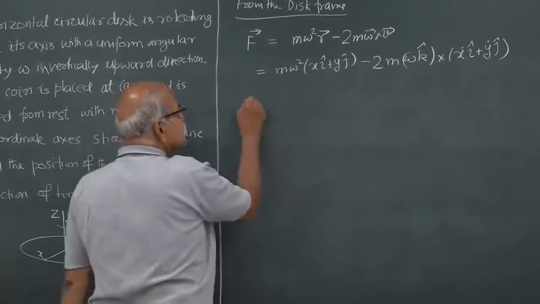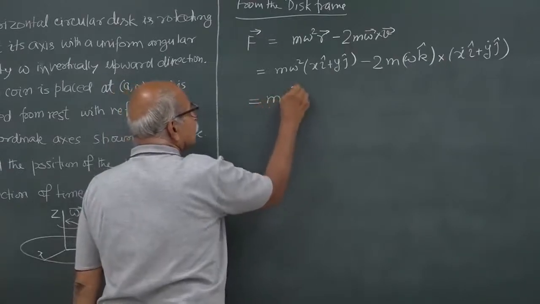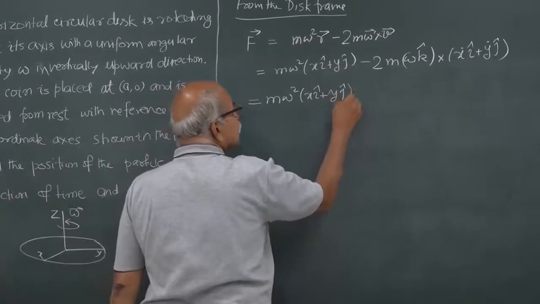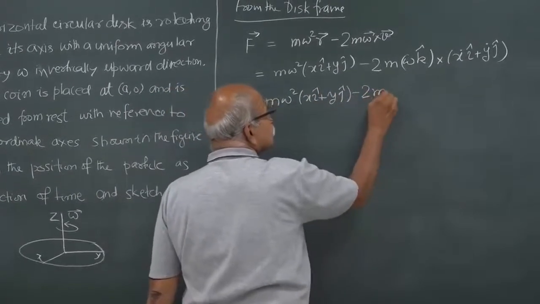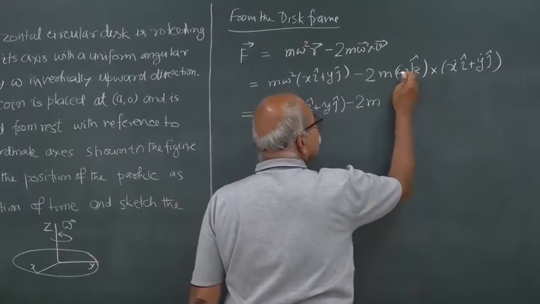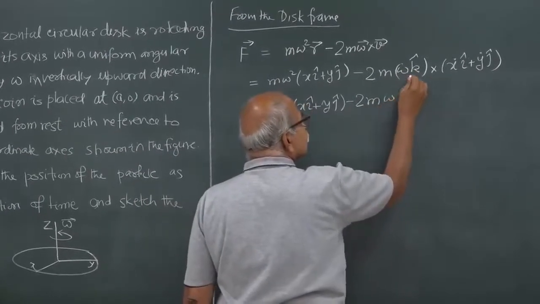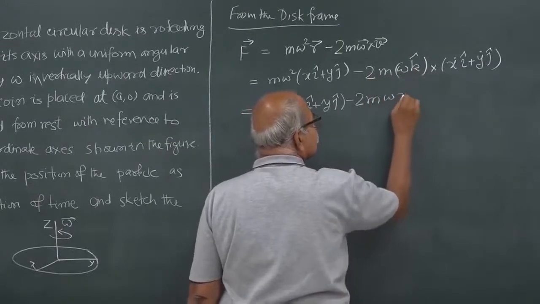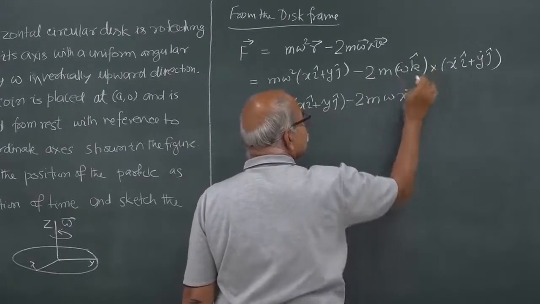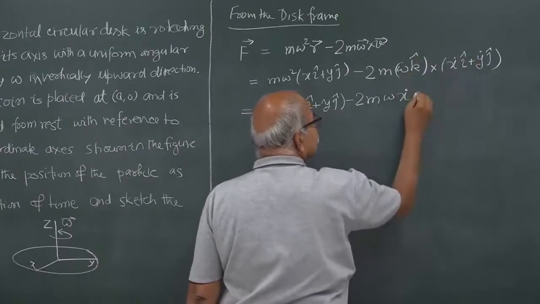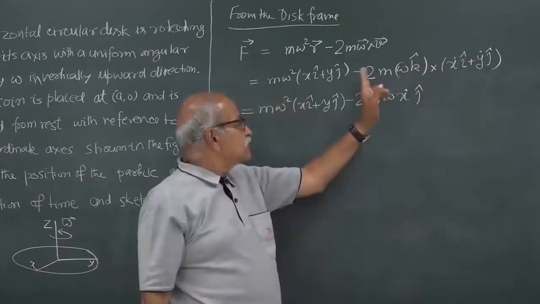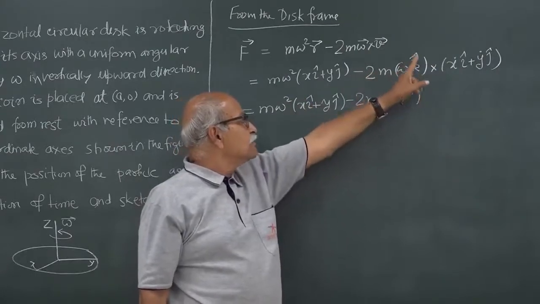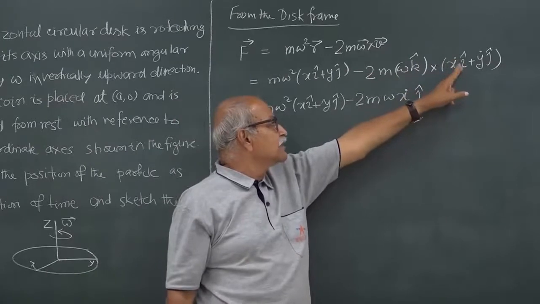So, this is m omega square times x i cap plus y j cap, and then minus 2 m omega k cap cross x dot i cap, since k cross i is j cap.